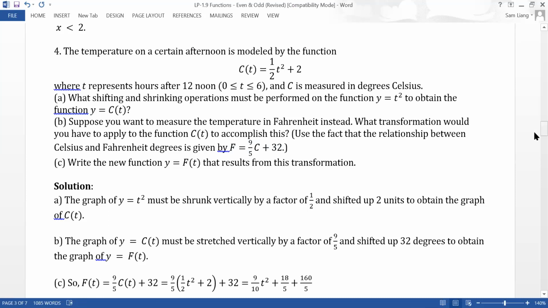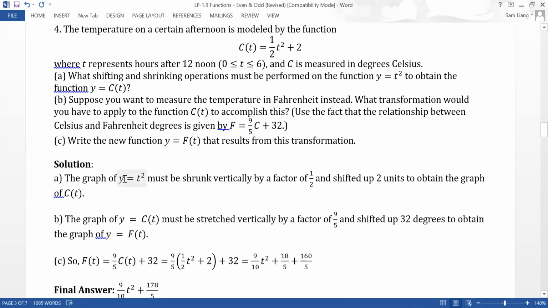Okay, so part A, the answer was the graph of y equals t squared must be shrunk vertically by a factor of 1/2. That's just 1/2 t squared here. As we know from the previous lesson, when we shrink by a factor of 1/2, every y value gets halved. And shift it up 2 units to obtain the graph of c of t.